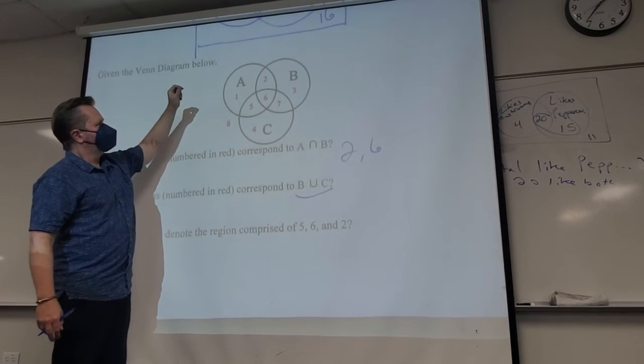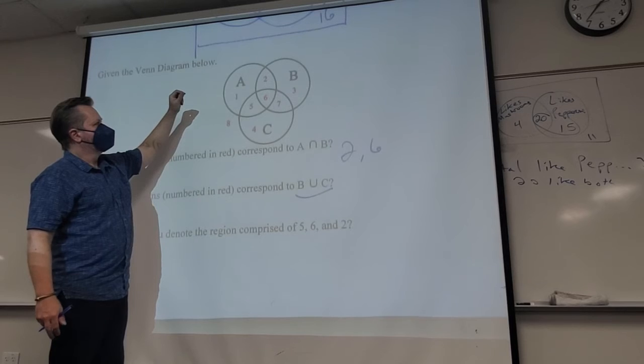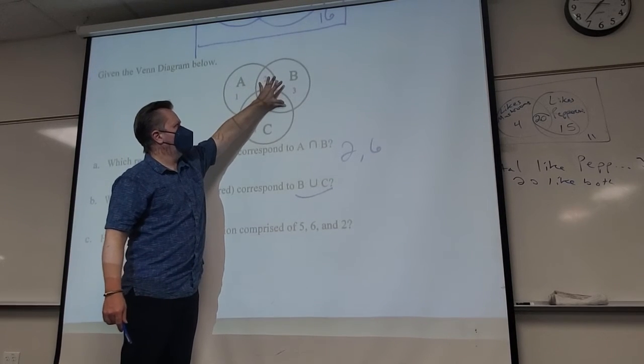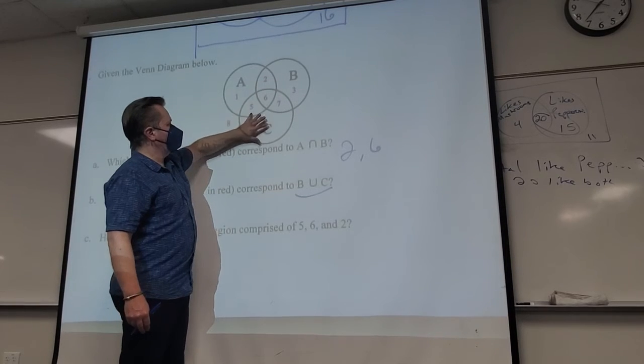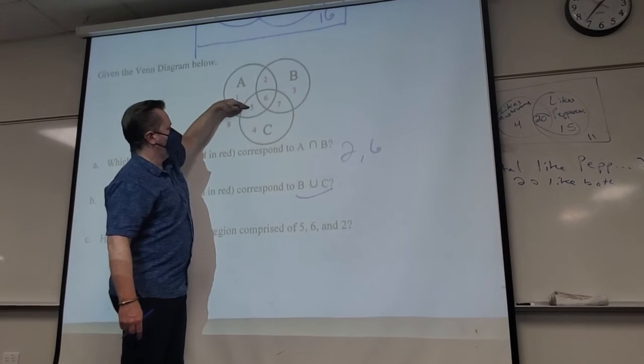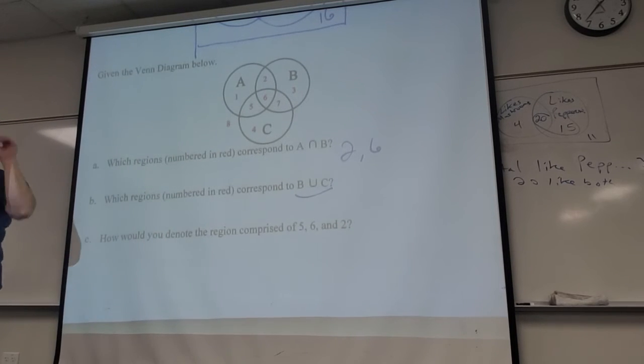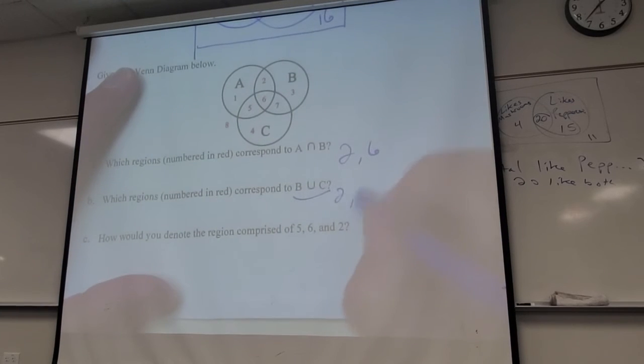What would that include? Everything but 1 or 8. Yeah, 3, 7, 6, 2, all the stuff in B. Or it can be in C, so that's 3, 7, 6, 2, 5, 4. So if you want them in order, I love it. 2, 3, 4, 5, 6, 7.